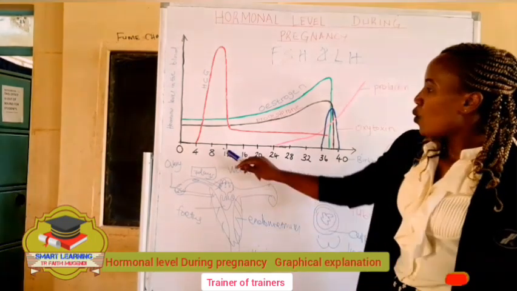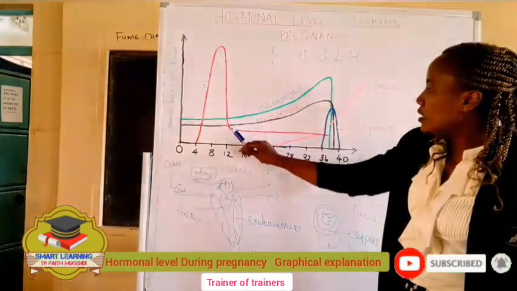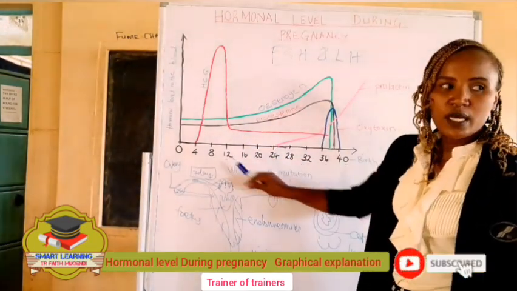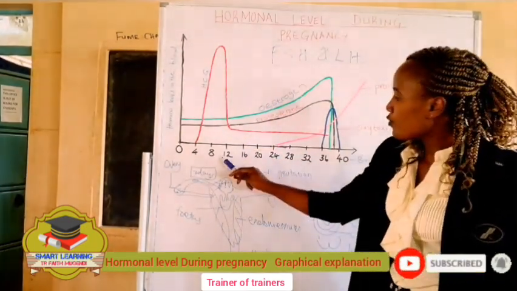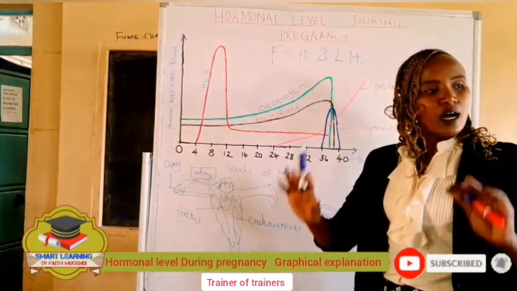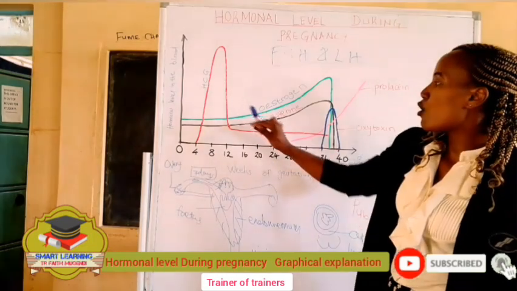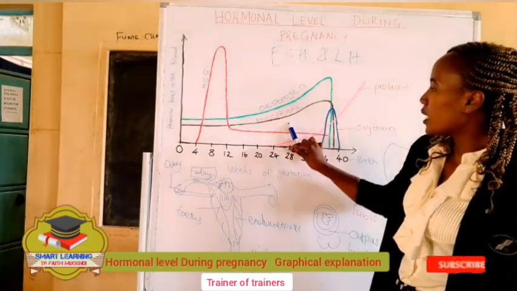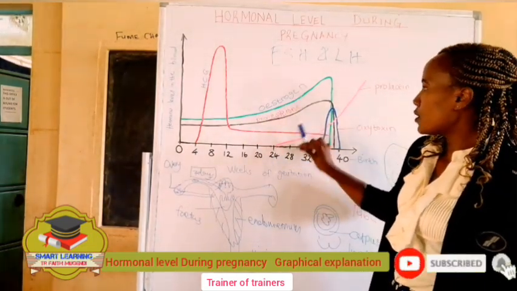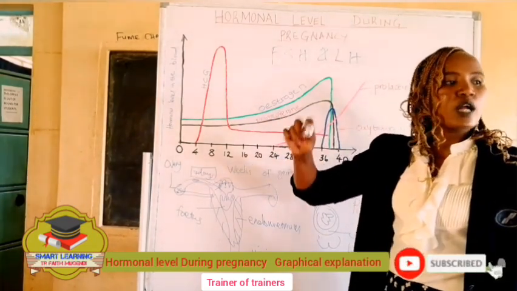Why is the level of HCG declining at the 12th week? At the 12th week, this is where the placenta has developed fully to take up the role of production of estrogen and progesterone. And therefore now we don't need human chorionic gonadotropin hormone.